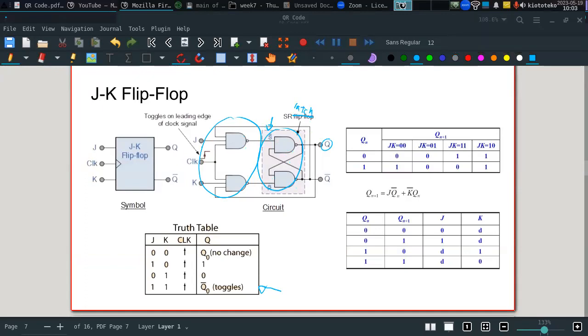Because the flip-flop, again, depends on the clock. Sometimes the terms are used interchangeably, but the flip-flop is supposed to be used with a clock signal. And the JK flip-flop is characterized by this equation.